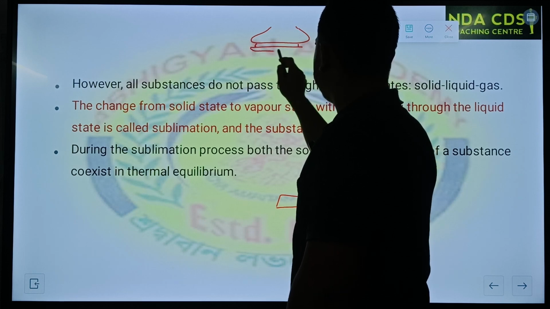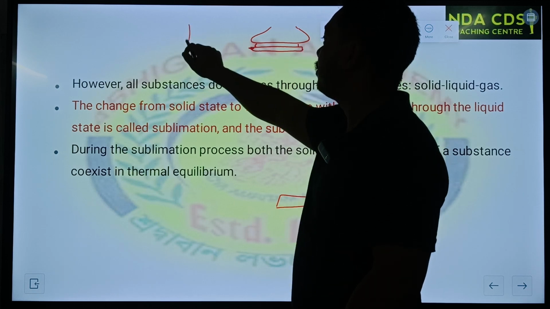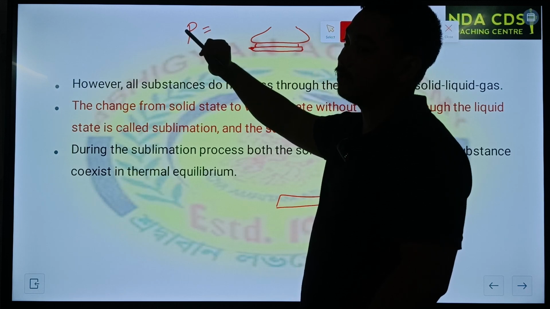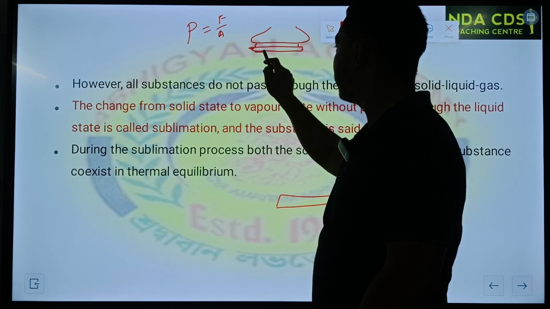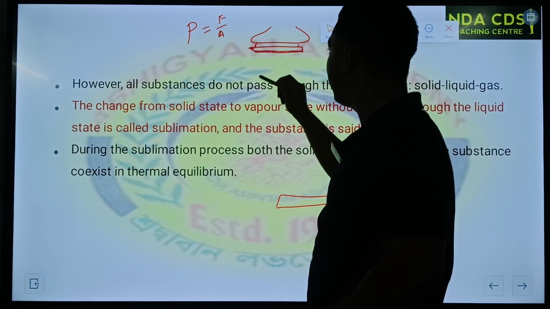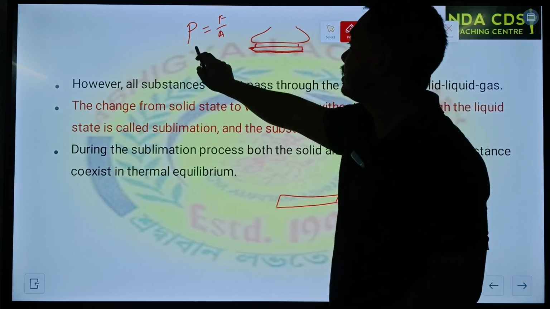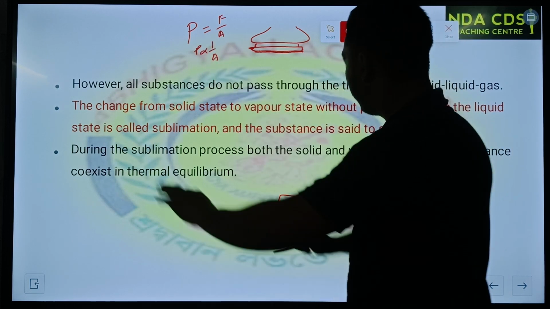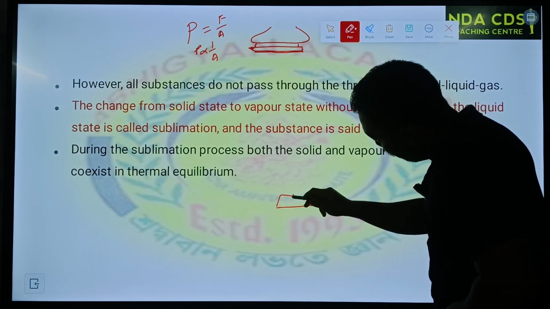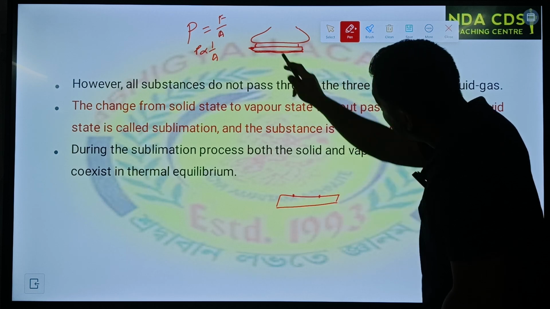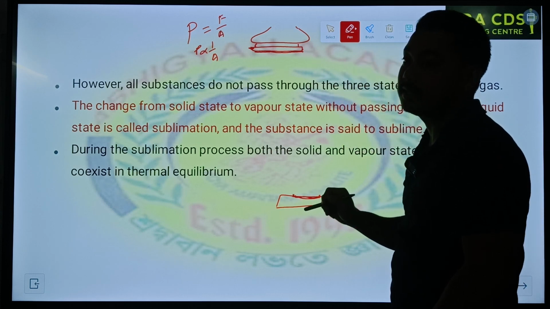Very sharp pointed blades on the shoe. Now what this does is, what's the formula for pressure? The basic formula: force per area. The area of this edged part is so thin that it gives lots of pressure on the ice, because pressure is inversely proportional to area. So it exerts so much pressure on the ice that at the position where the skater is, the ice melts instantly.